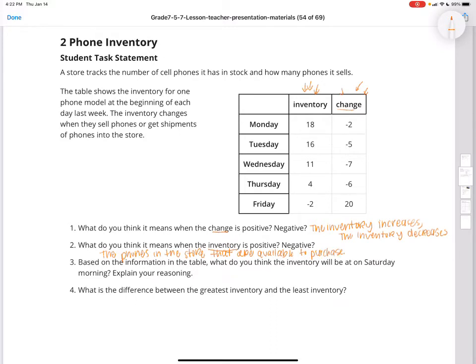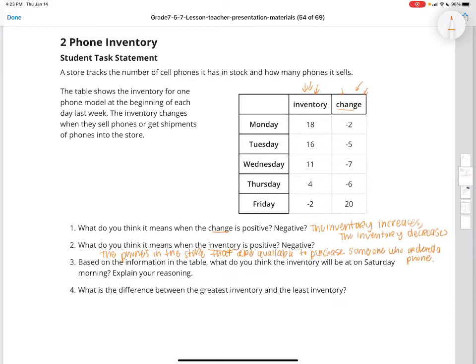Okay, for a negative amount, the store is owing the customer, or somebody ordering the phone. So someone who ordered a phone, or the customers who ordered the phone. Whoever you want to write, that's fine.